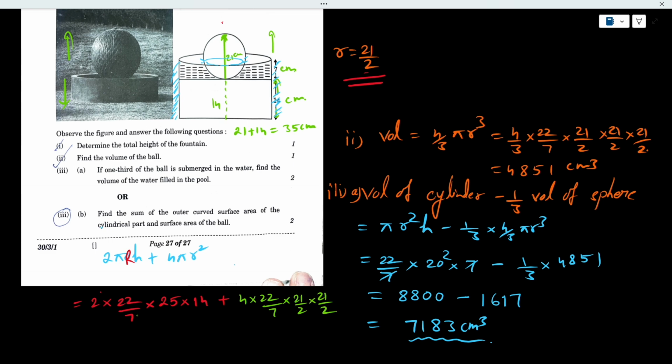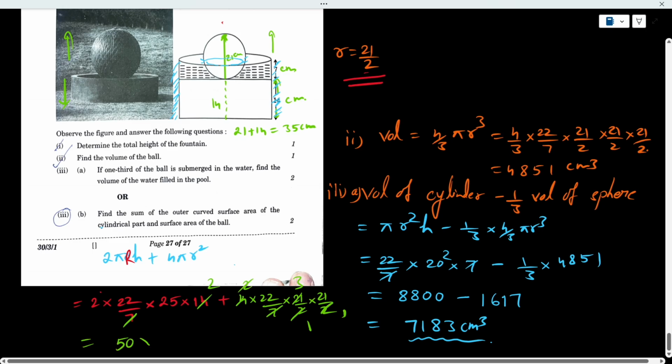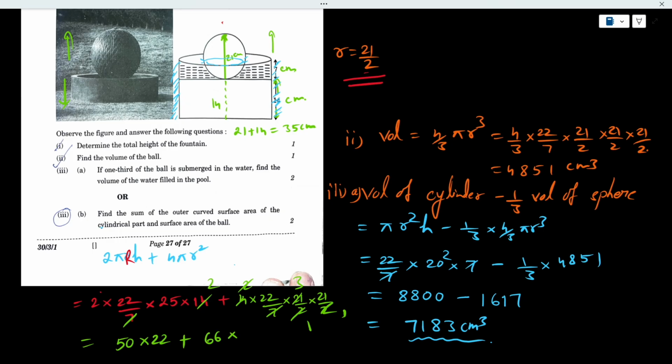If you simplify this, you will get the answer. What is left here is 50 times 22 plus 66 times 21, right? If you do this, you will get the answer.